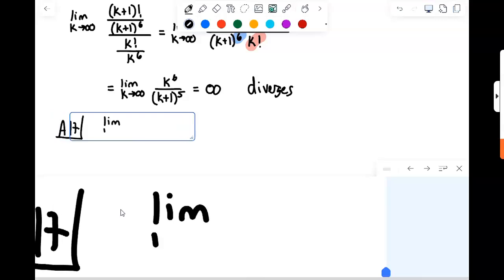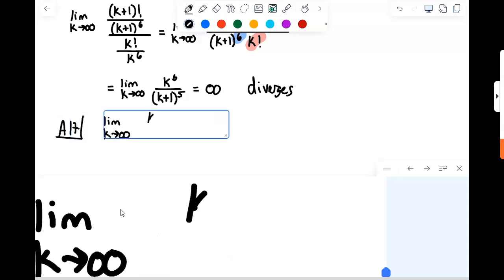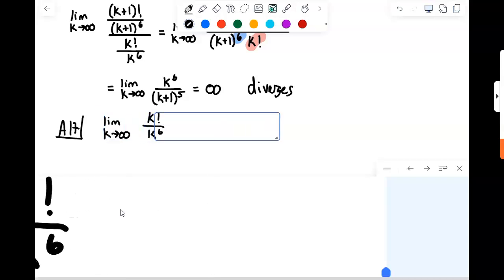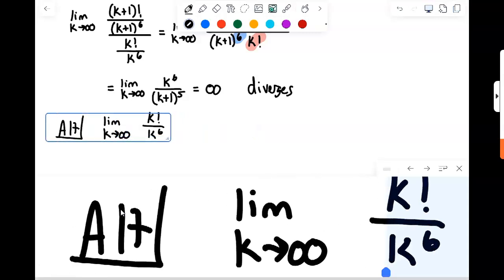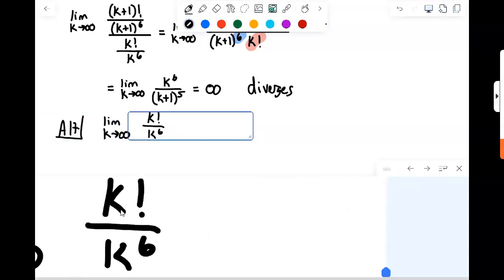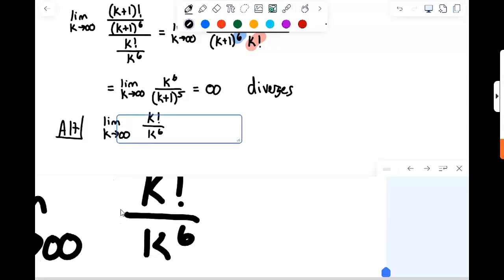So the limit as k goes to infinity of k factorial over k to the 6th. And we immediately see that there's a really, really big problem with this. For it to converge by the alternating series test, it would need to go to 0.